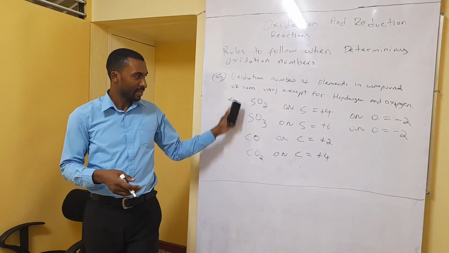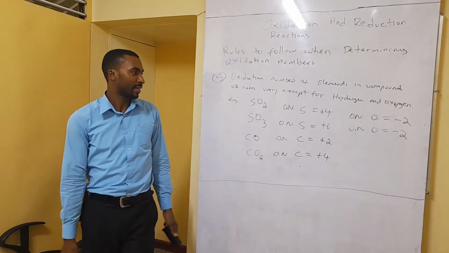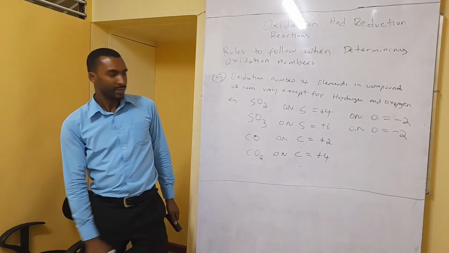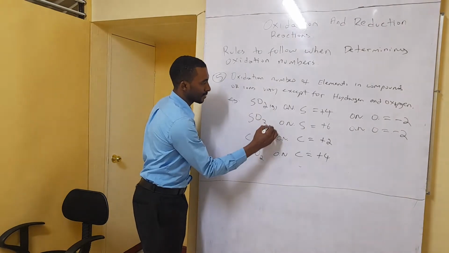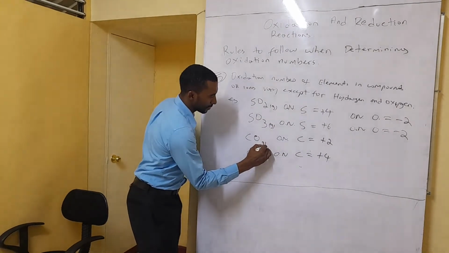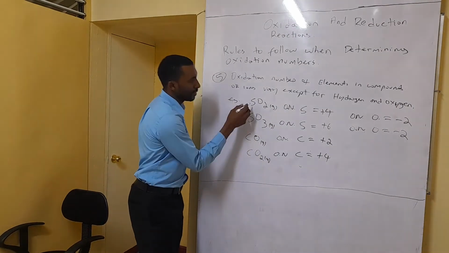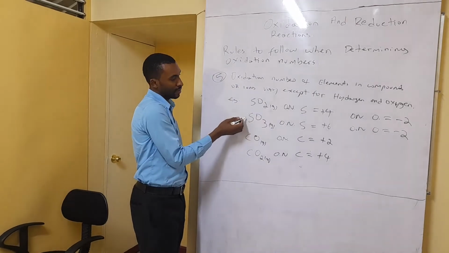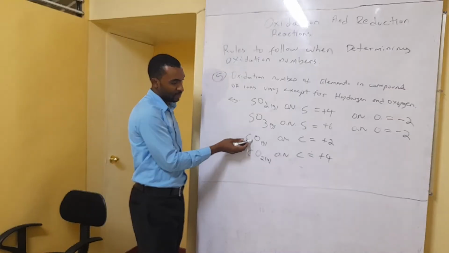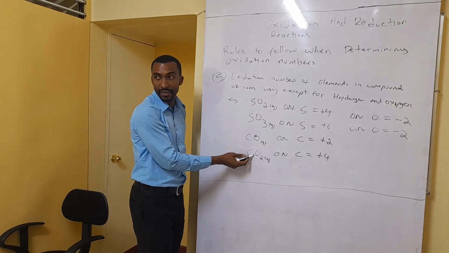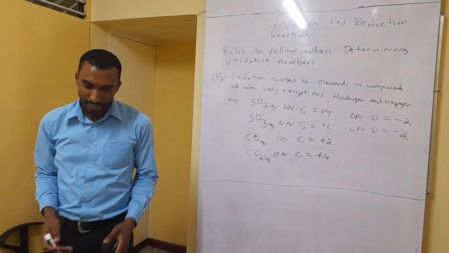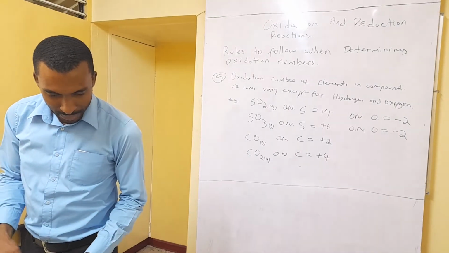Alright? And these two gases are examples that they can use to discuss that. So this is sulfur dioxide, sulfur trioxide, carbon monoxide, carbon dioxide. Good? Oxidation state. So we have 2 more rules to go.